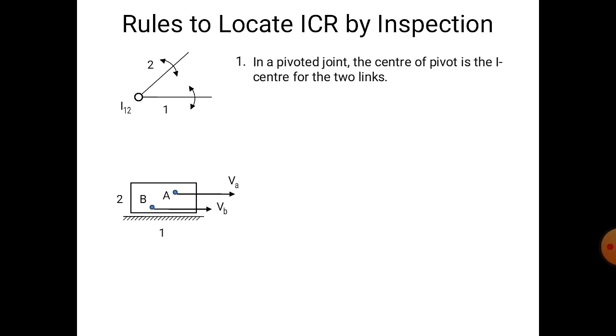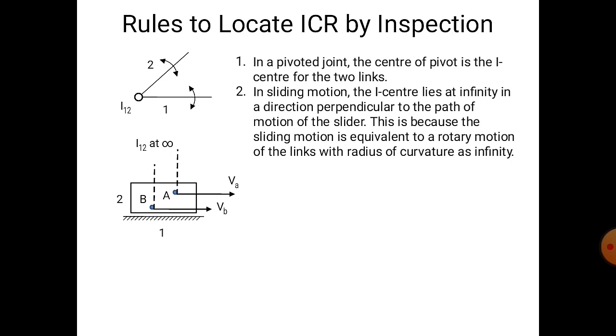The path traced by the slider in this case is a straight line. A straight line can be considered to be a curvature having radius infinity. Hence, the I center I12 in this case will lie at infinity.